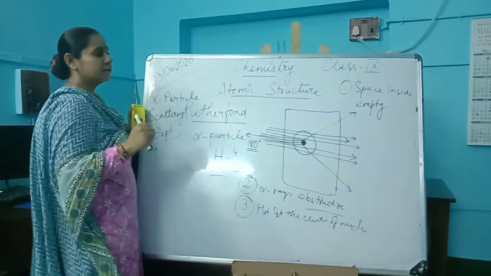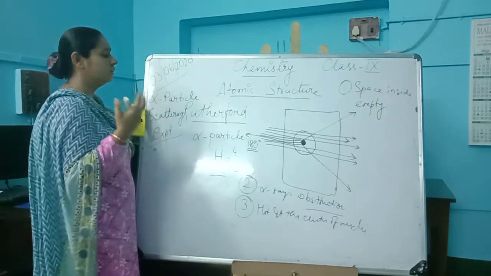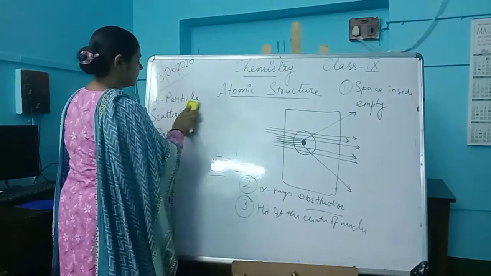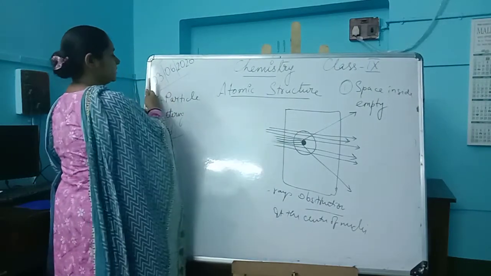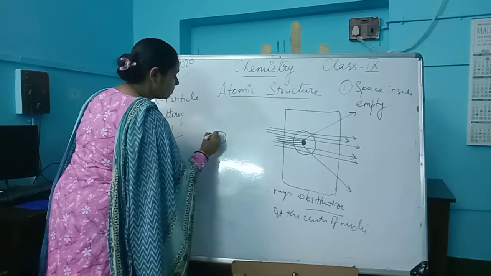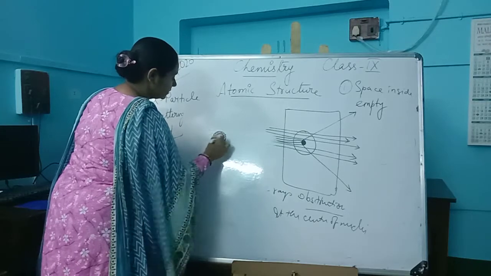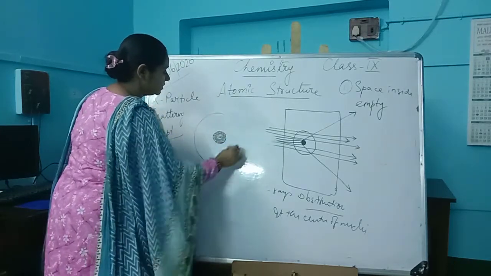The very first idea is that an atom overall has a lot of empty space inside it. The nucleus will occupy only a very small space.